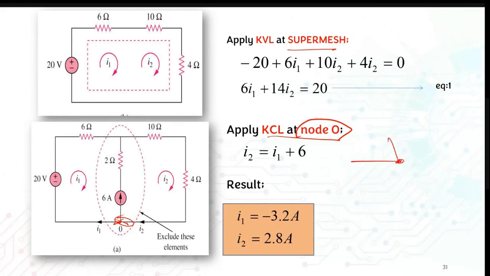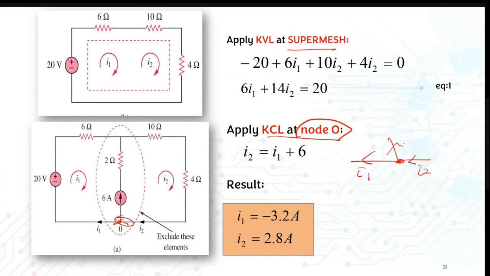If you see how it works, let's look at the directions of the current. This one goes this way, and this is I1, and this is I2, which is entering the node.